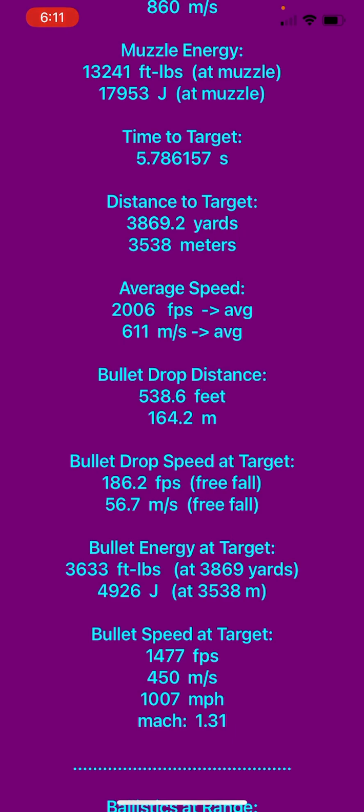In this case, in the amount of time that we gave the bullet to hit the target, how fast would a bullet that was just dropped towards the ground be falling when it hits the ground?